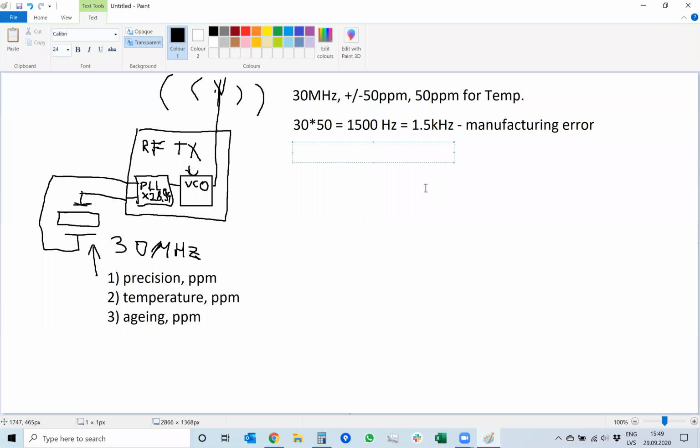And let's say we put it at high temperature, this crystal expands, becomes longer, and starts to oscillate slower, and the manufacturer says it's no more than 50 ppm.